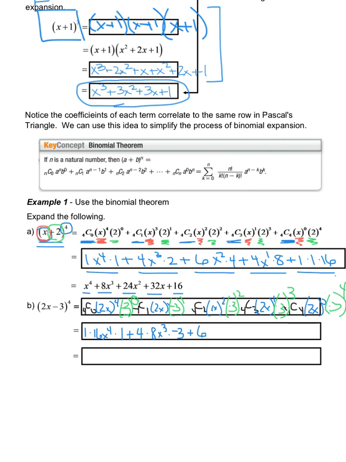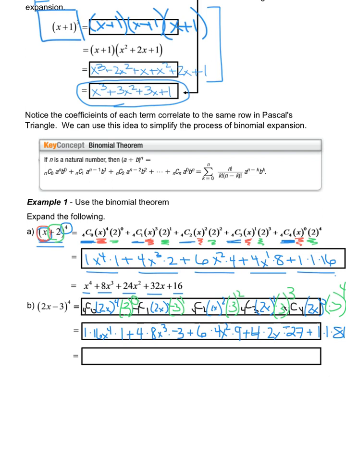We have 2x squared. We wind up with 4x squared. And negative 3 squared is a positive 9. Then we have a 4. 2x to the 1st is just 2x. Negative 3 to the 3rd is negative 27. And then finally, our last term, 4 choose 4 is 1, 2x to the 0 is 1, and negative 3 to the 4th is 81.